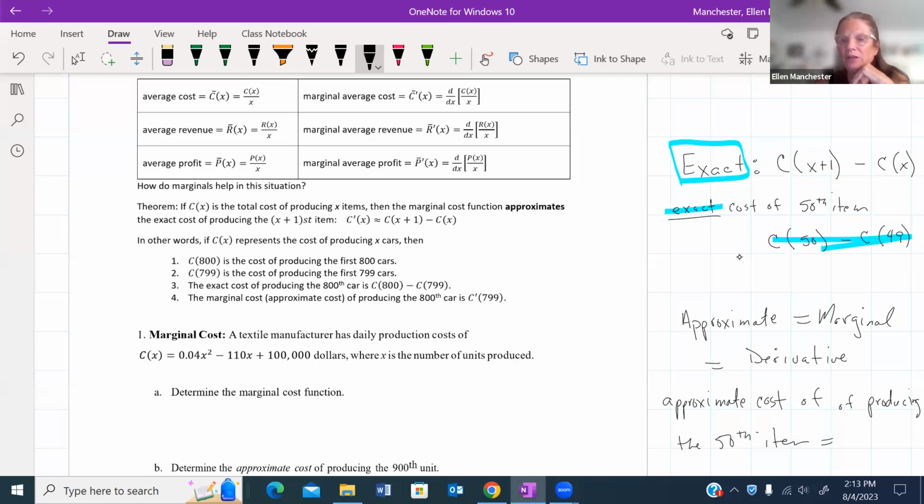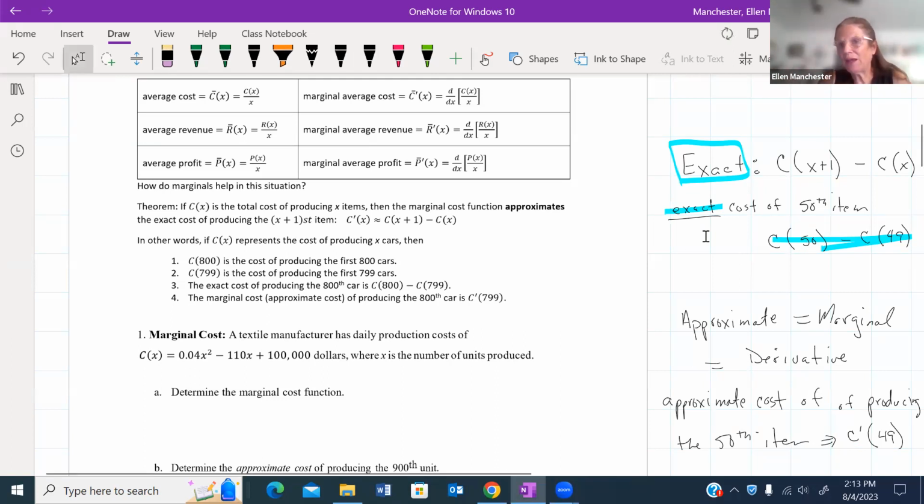What we're going to do is take the derivative at the 49th item. So we're going to do two different things. When you think of exact, you take the total of what you want minus the total of just underneath it, and then find the difference between the two. Approximate, you're going to find the marginal.